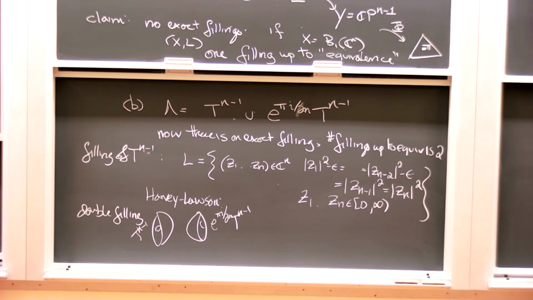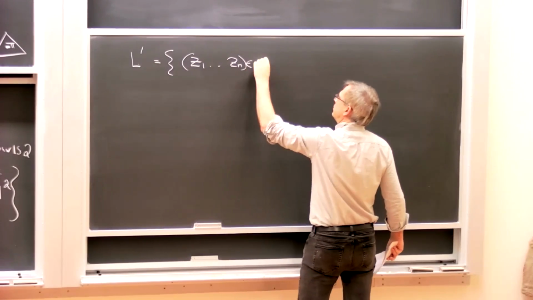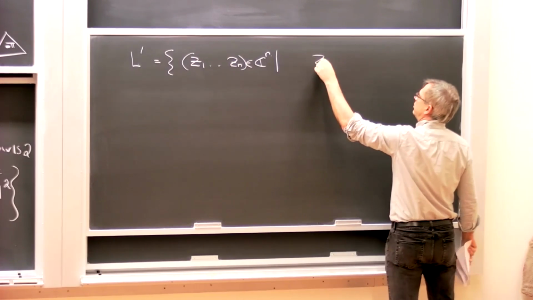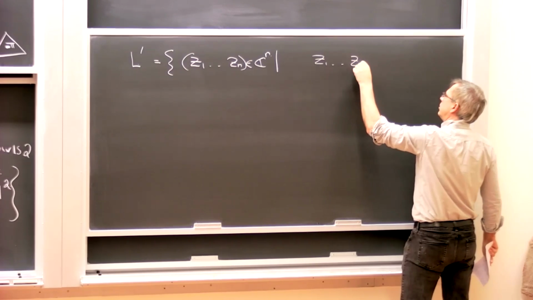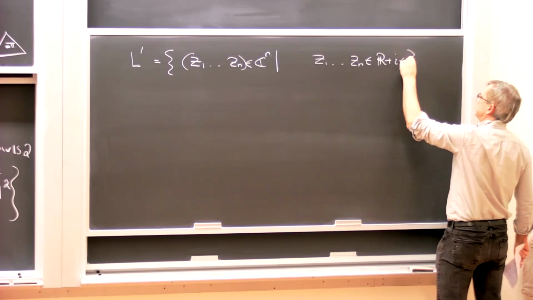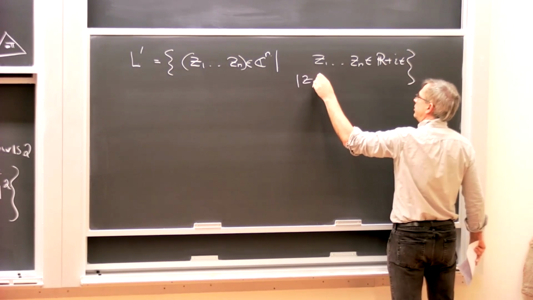But there's another filling, L prime: I can take Z1 up through Zn in Cn, and now I can require that the product lies in R plus i epsilon, and all of the norms are equal.